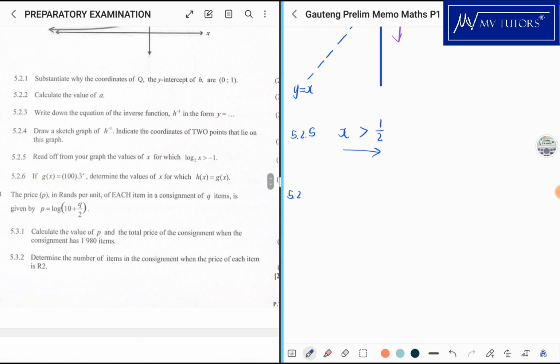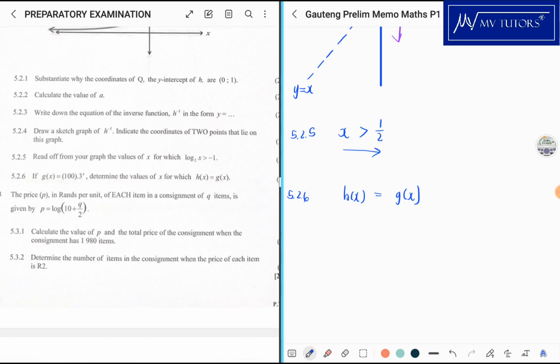Okay, 5.2.6. Now, if g of x is equal to 100 times 3 to the power x, determine the values of x for which h of x is equal to g of x. So this is where they basically intersect.